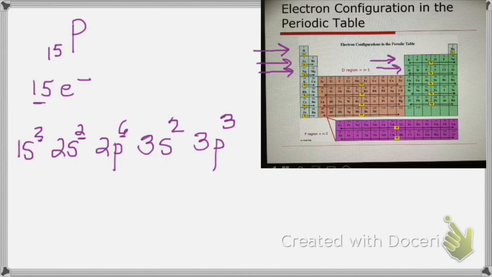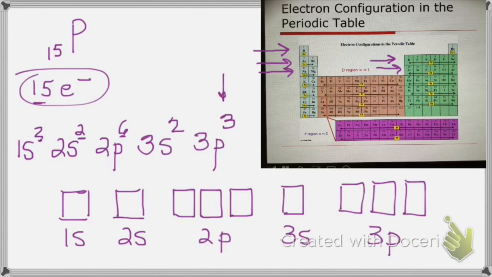So all my superscripts add up to 15. Notice if we find phosphorus on the periodic table here, it is atomic number 15 right there. It is in the 1, 2, 3rd row of the p part of the table. So it makes sense that it ends in 3p3.